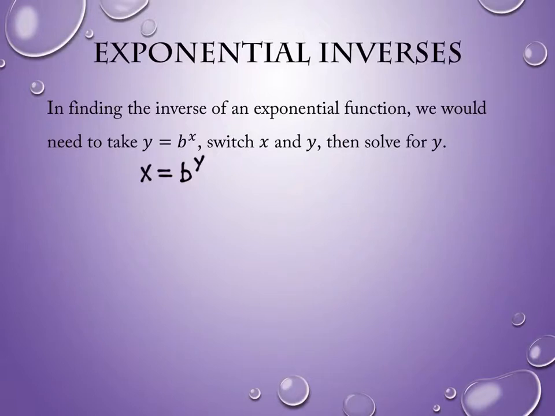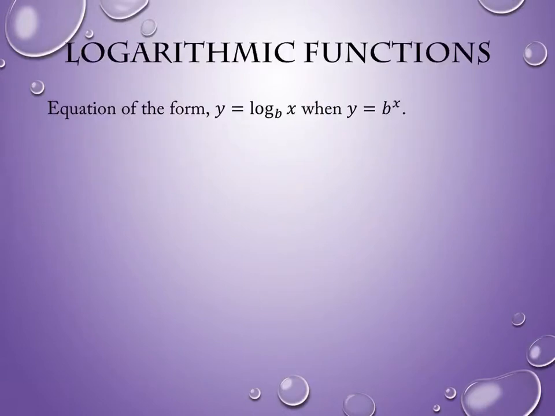Let me slow down just a little bit. If we take a look at what a logarithmic function is, it is an equation of the form y equals log with a little subscript b. That b is a subscript. X is on the same line as the word log. When y is equal, that's written wrong.